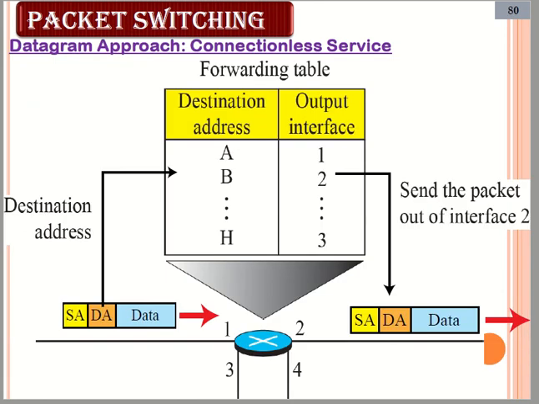So as we can see here, for each destination there is an outgoing port. Based on the destination address there is an output interface. So looking at this output interface table, or the forwarding table, the packet will be sent to the destination.